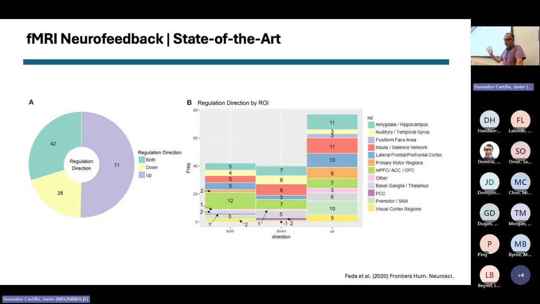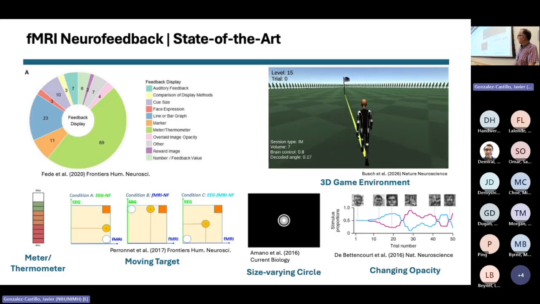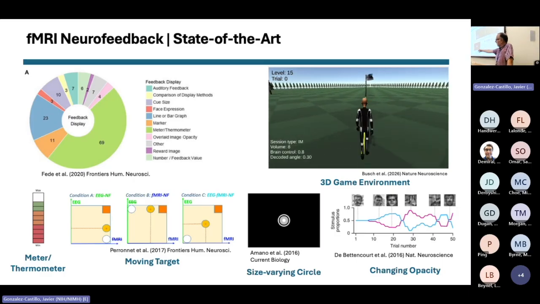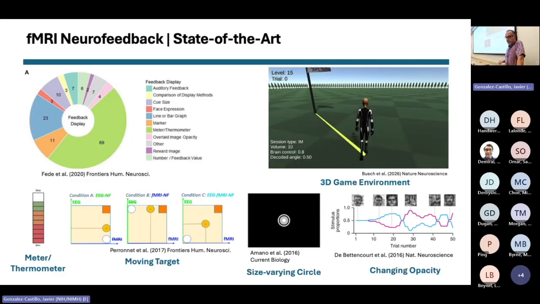Now, let's say you have the perfect, cleanest possible signal in the best ROI you have. There are many different ways in which you can feed that information back to your subject. People have tried basically everything they could imagine. Simple meter, thermometer, a bar that goes up and down.